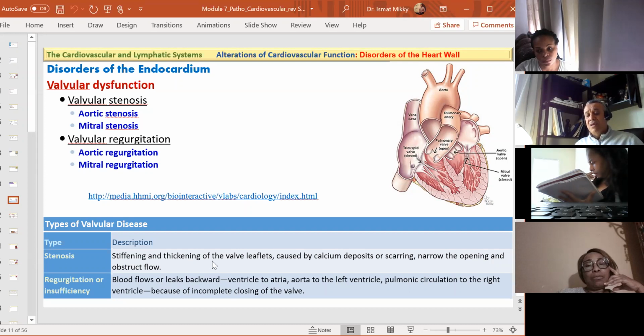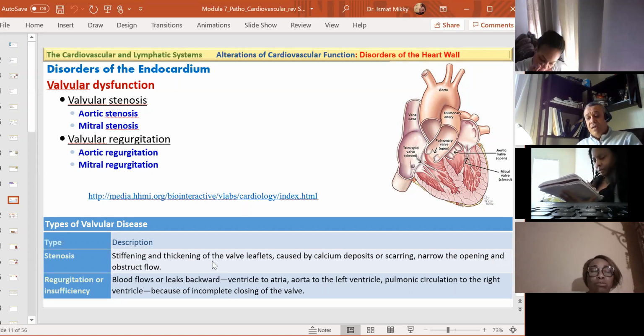So there's backflow of blood to the opposite chamber. The regurgitation can include the ventricle to aorta, aorta to the left ventricle, or pulmonic circulation to the right ventricle. That's because of the incompetent or incomplete closure of the valve.